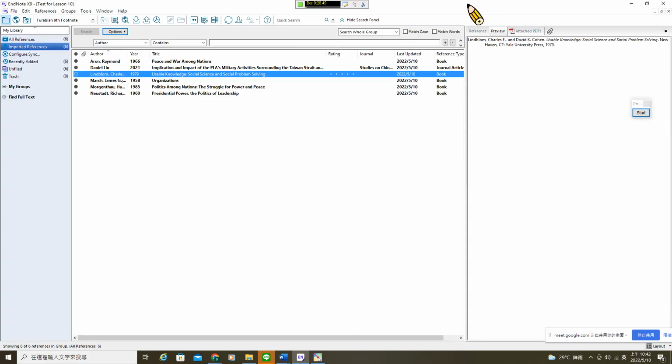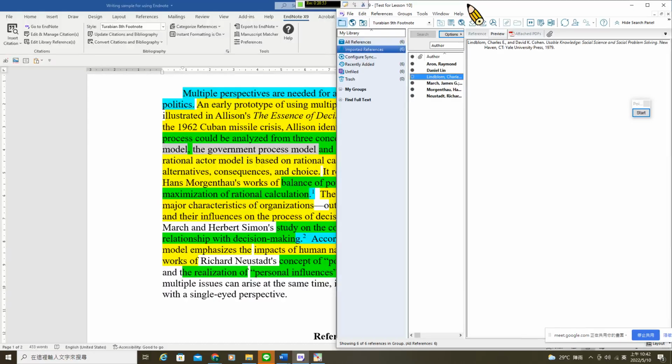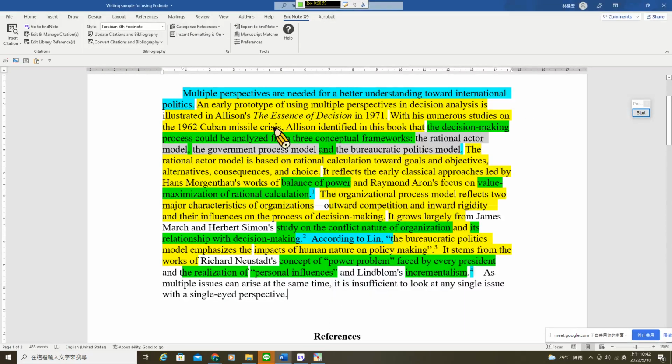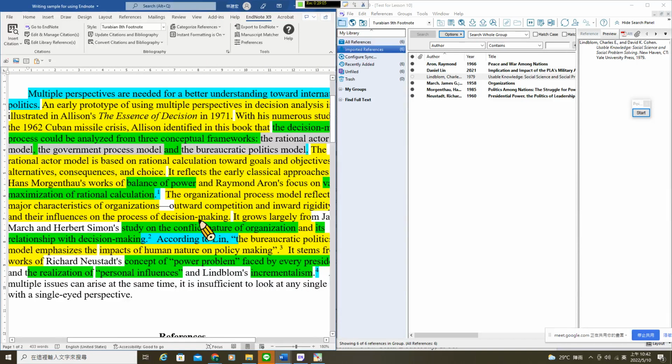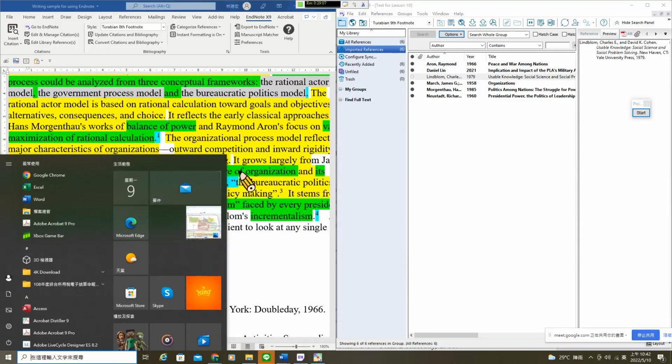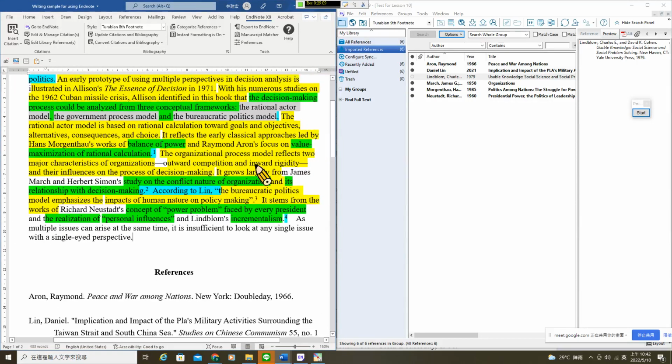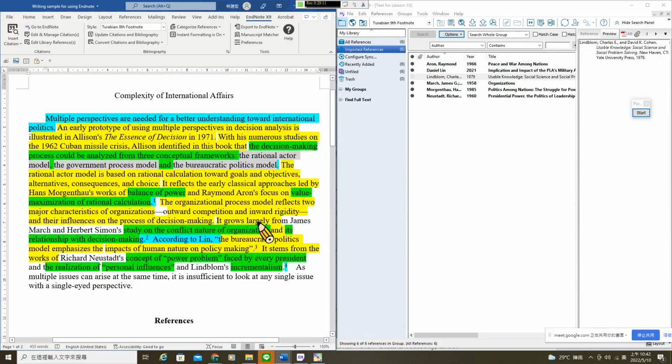Well, basically, for myself, I would just use this one. I put this in over here, and I make it larger. And I will put this one over here, and make it readable.